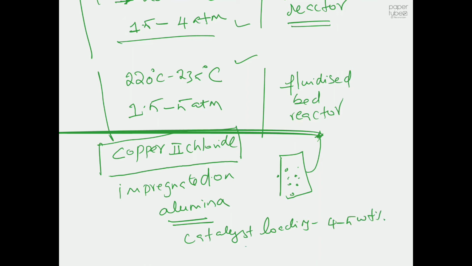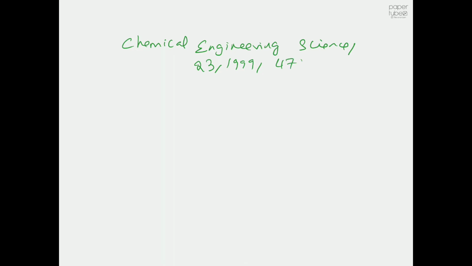Yeah? So obviously you can check the literature, someone might have used a completely different type of catalyst. I recommend you to read this paper, Chemical Engineering Science, volume 23, year 1999, pages 479 to 495.